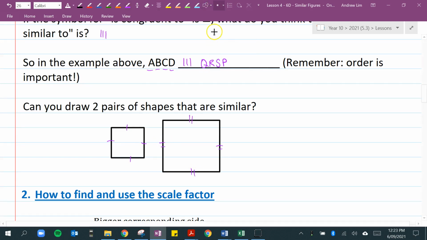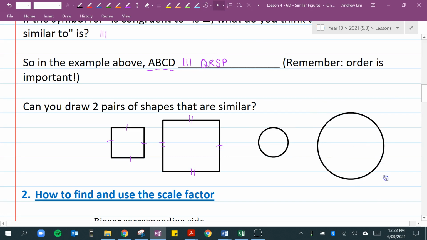And you'll also know that all circles are similar. So if I were to just draw a circle like that, and another one, just a bigger version. That's it. If you were to draw a triangle or a rectangle or any other shape, please make sure that the corresponding angles are equal to each other, and the sides are in the same ratio.